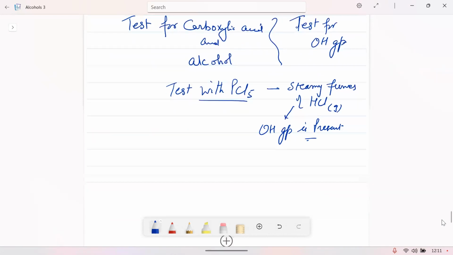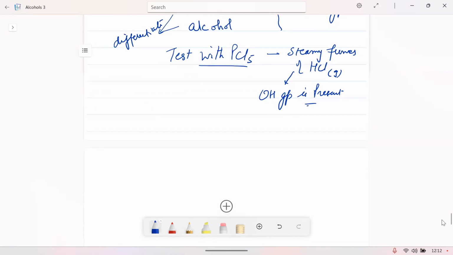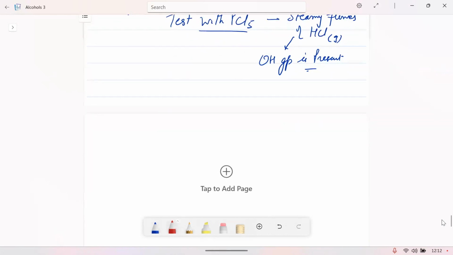So right now we are not focusing on the OH, we are focusing on the carboxylic acid, or we can say how will you differentiate between these two. You can even talk about this, how to differentiate between the carboxylic acid and the alcohol. So once you know the OH group is present, it can be an alcohol, ROH, or a carboxylic acid.